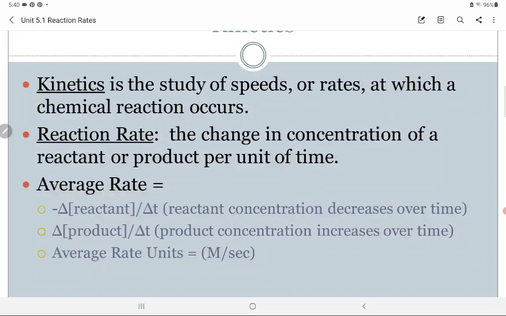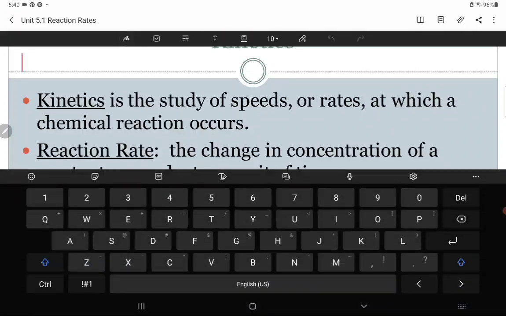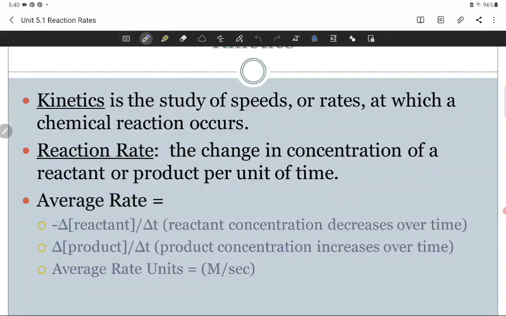And so again, rate, in this case reaction rate, could be in context of reactants. Reactants are going to lose concentration over time, and then products would be adding, increasing concentration over time.